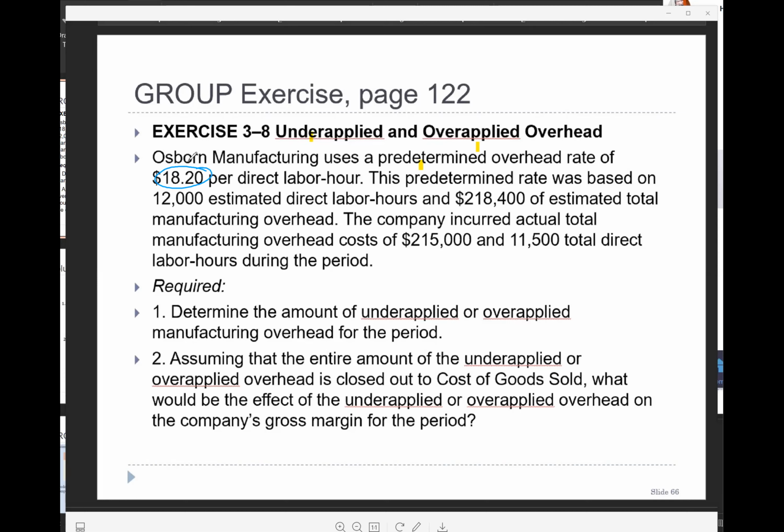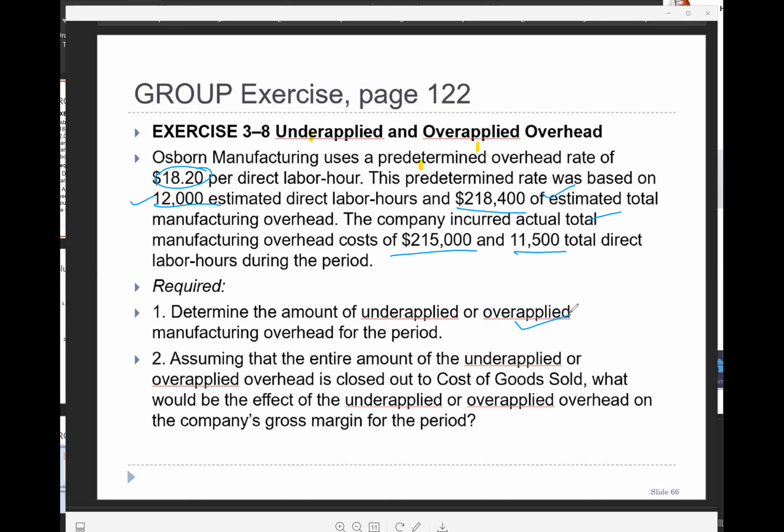The predetermined overhead rate was based on, which means this is the extra information telling you that it is based on this much estimated manufacturing overhead and 12,000 direct labor hours. The company incurred actual 11,500 hours, and the cost is 215,000.